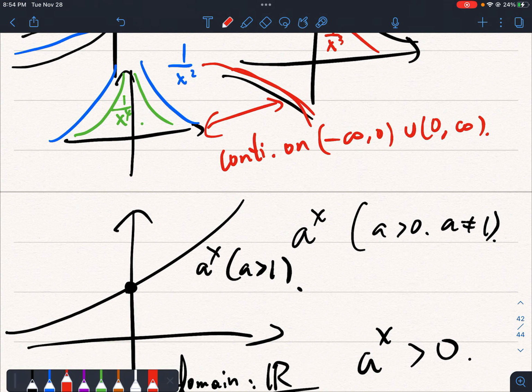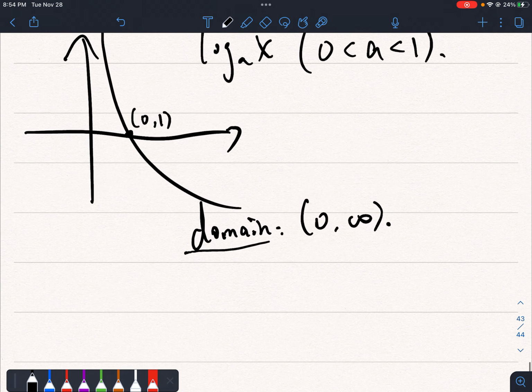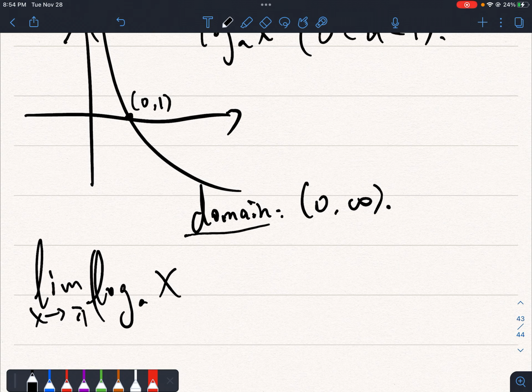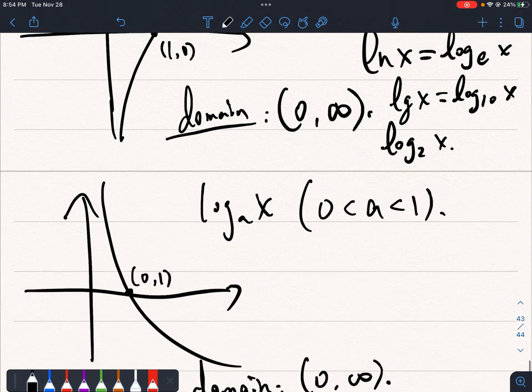And here actually every graph is continuous on their domain. So for example, you can evaluate log a of x when x approaches pi. Then this is just log a of pi. Just plug in the value. It's what it means for continuous functions.